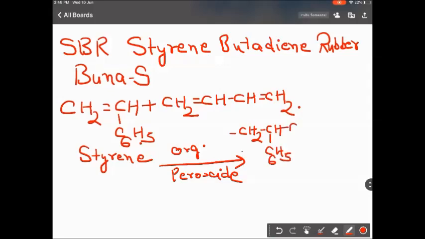CH will combine with the CH2 group, CH. Now the double bond is at this position, CH, CH2, and this is N times. So this rubber is known as SBR, or styrene butadiene rubber.